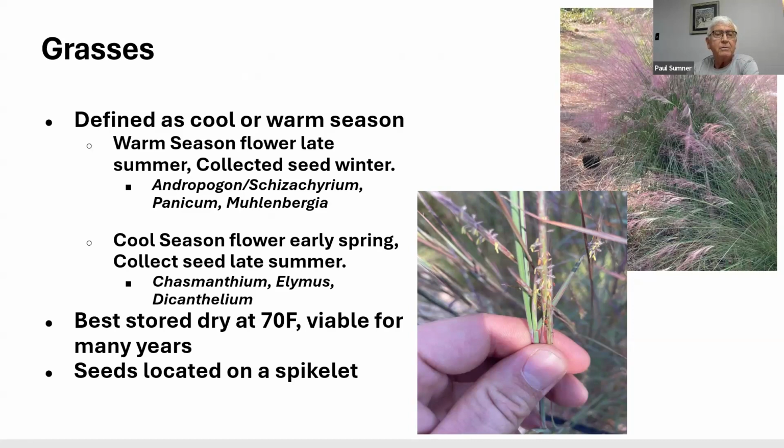From what I can determine, the best way to store the grasses is to store them at 70 degrees. There's no advantage of storing them in temperatures below 70, but they'll stay viable for many years. And the seeds are located on the end of the spikelets.